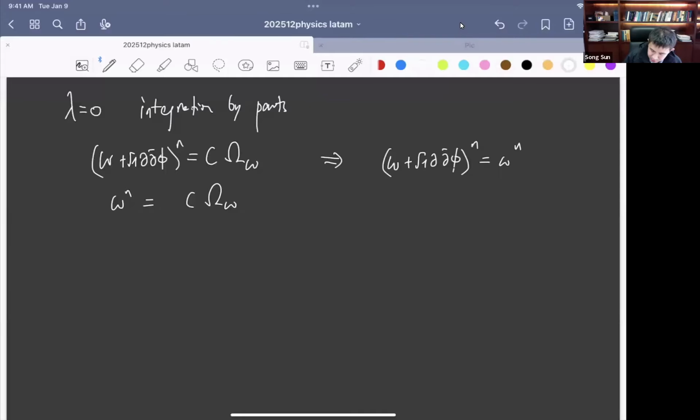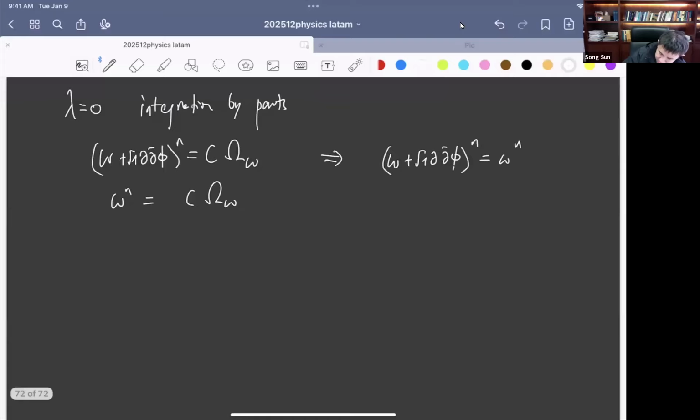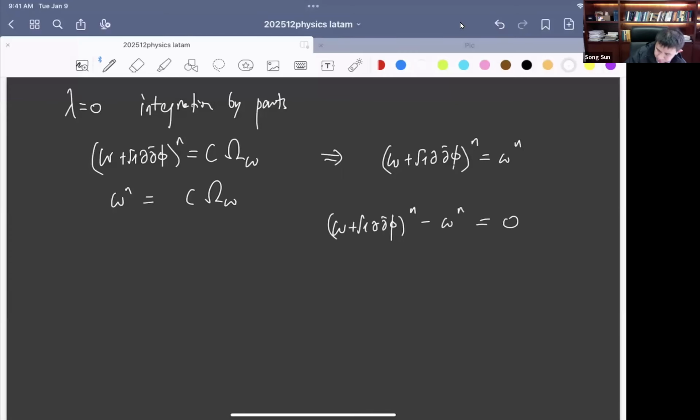And then the technique is rather simple. You consider this difference is 0, and then you multiply by the function phi, and then you integrate. It's always 0, and then you integrate by parts. But before that, you factorize it. You write it as the difference, a to the n minus b to the n.